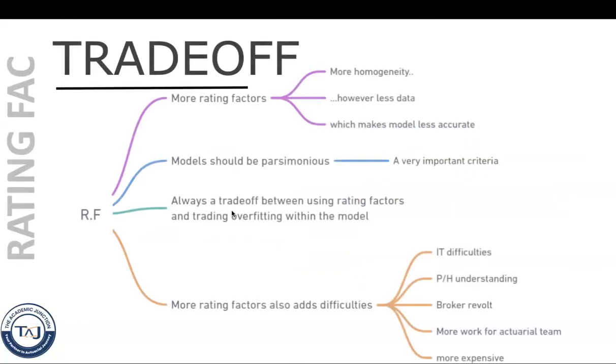All right. Now, when we talk about rating factors and complex models, you should always remember that there is a big trade-off that you as actuaries have to consider. This is the case for every pricing model.